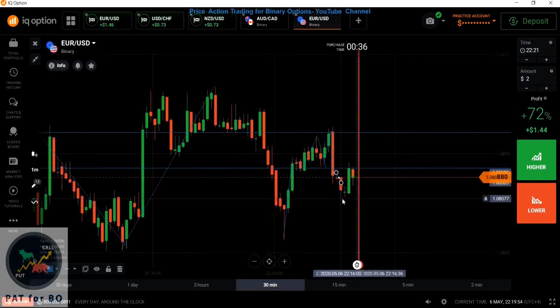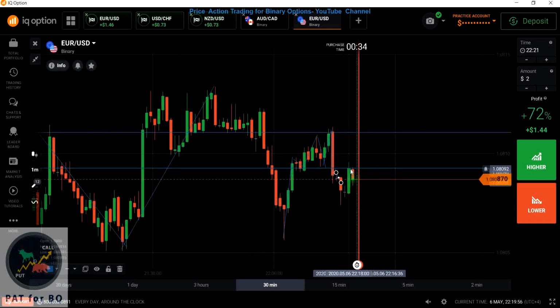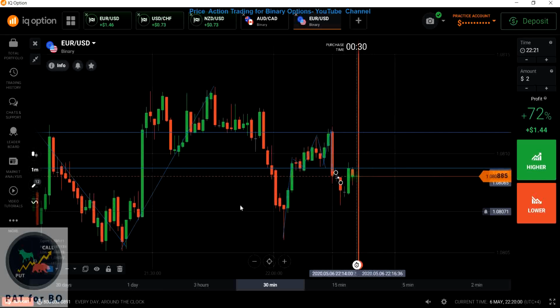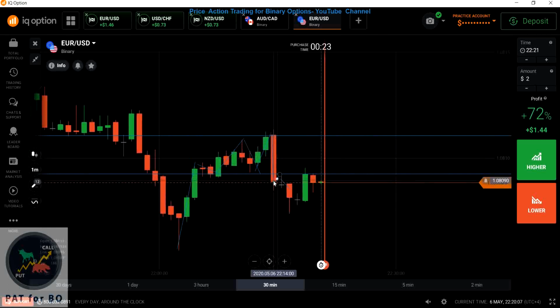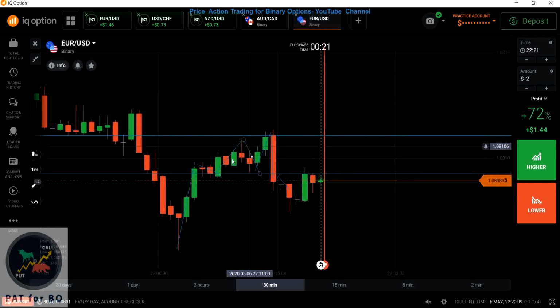You understand that? As soon as the price hit this point, it started to reverse. That's why I told you in my previous video to understand which are the strong candles and which are the weak candles. Those weak candles will tell you that these are the pullbacks.